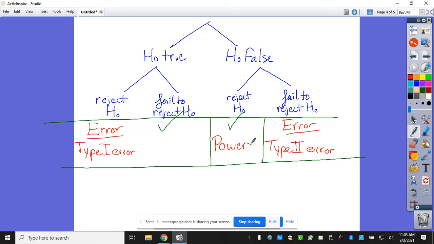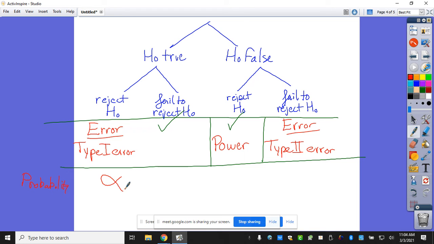Now, probability is associated with each one of these. The probability of a type 1 error is alpha, which we've already talked about before. So you need to write this as your next part of this term.